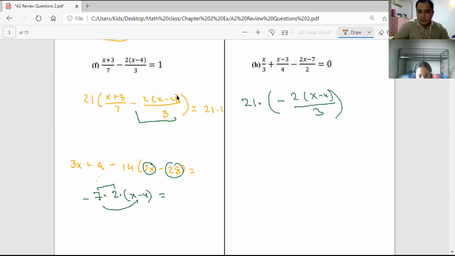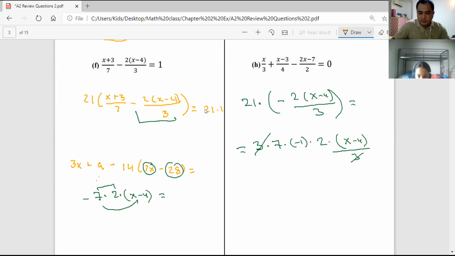I can write it as 3 times 7 times minus 1 times 2 times x minus 4 over 3, and this 3 cancels.